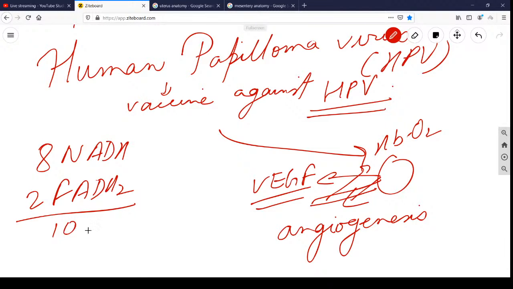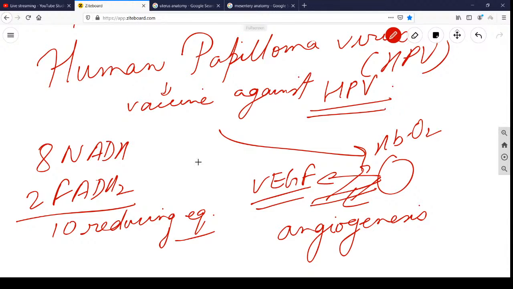These 10 reducing equivalents are electron storage houses that donate electrons to complex 1 and complex 2, perpetuating the electron transport chain that forms the electrochemical gradient, the proton motive force via chemiosmotic theory, helping produce ATP via oxidative phosphorylation through the F1 F0 ATPase, complex 5. If you have studied that in class 11th, you can relate to what I am referring to here. These things are very correlated.